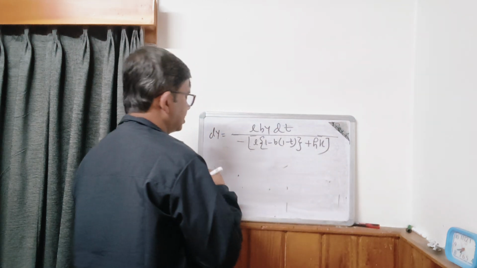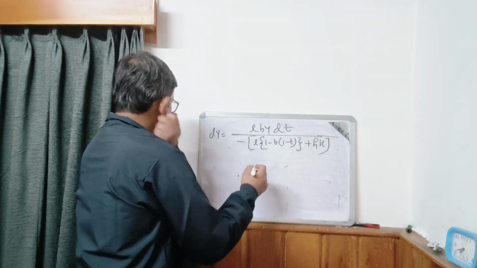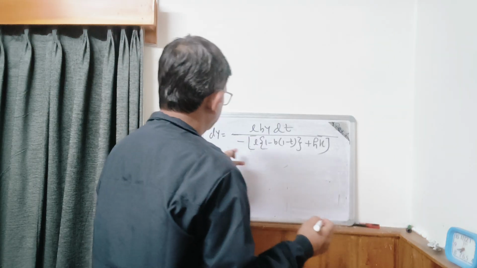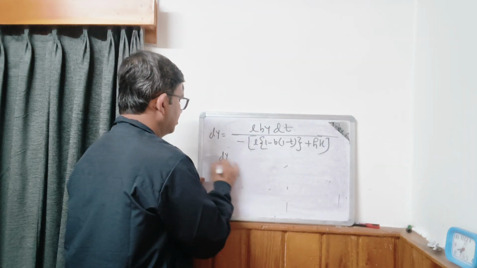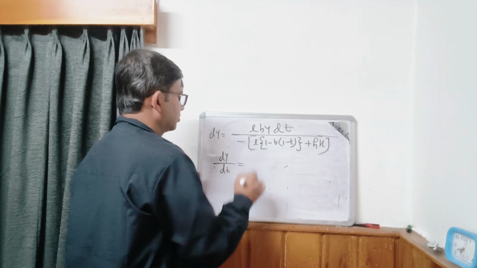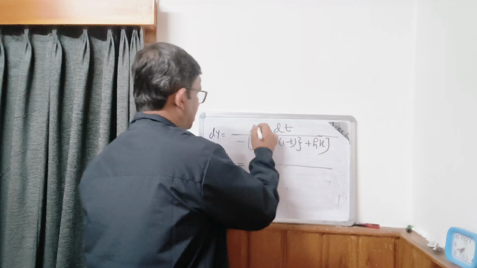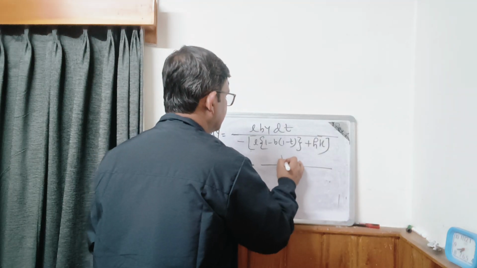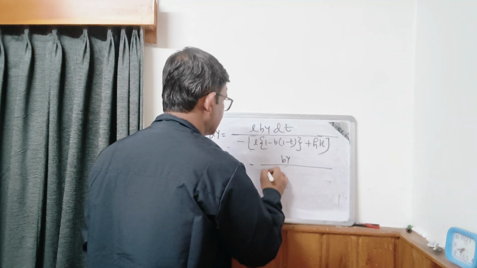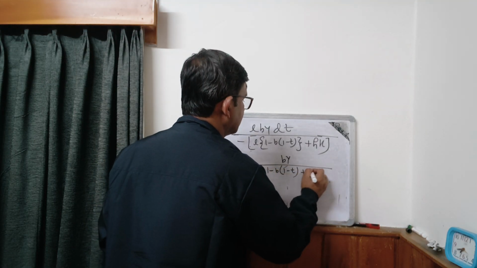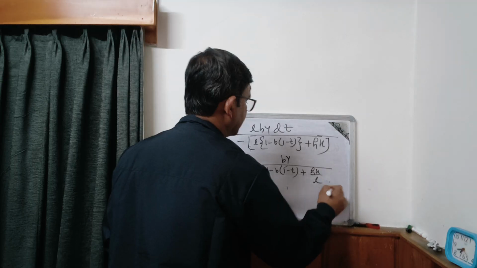So we can write, if we divide both sides by L, numerator and denominator by L, and do the cross multiplication here, we can write dy dt, the proportional tax multiplier. It will be definitely negative, and we'll get minus by divided by 1 minus b into 1 minus t plus hk by L.